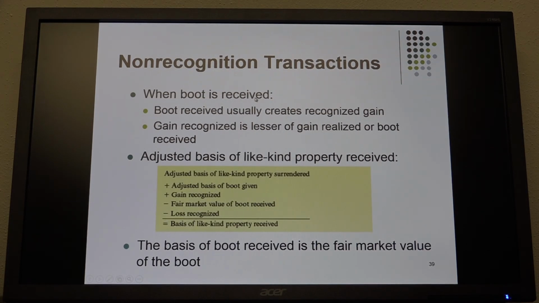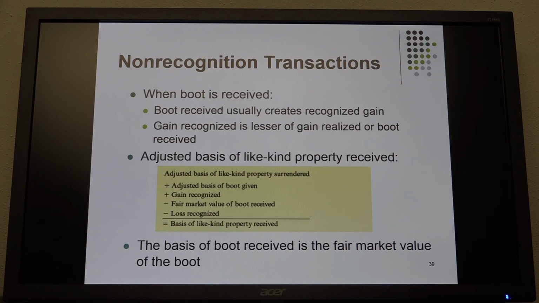So when boot is received, the boot part usually creates recognized gain. In my example, that would be $50,000. The taxpayer receives like-kind property of $200,000. That's not taxable until some later time. But the $50,000 cash is considered boot, and the taxpayer is going to recognize gain on that receipt of boot.